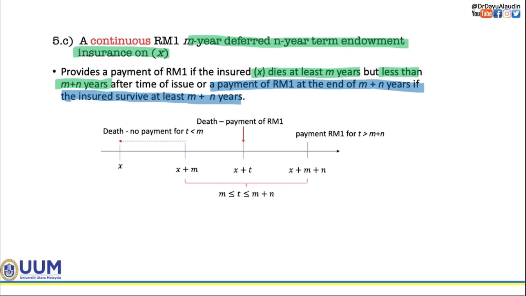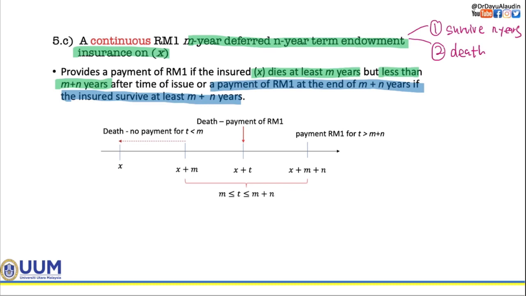So endowment, as you know, has two kinds of benefit: first, the benefit if he survives until N years, or second, the benefit of death.